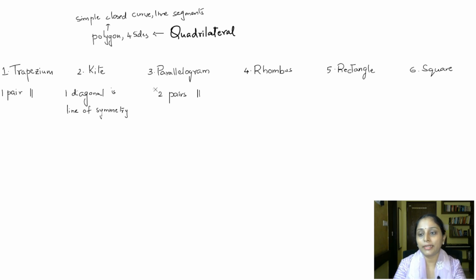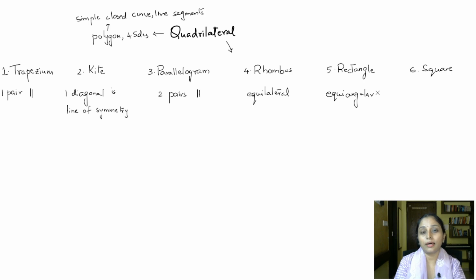Now, rhombus, rectangle, square are special cases of parallelogram, but I want the definition starting from quadrilateral instead of from parallelogram. So, I'm going to say that a rhombus is a quadrilateral which has all sides equal. So, can I say equilateral? And then coming to rectangle, it is equiangular.